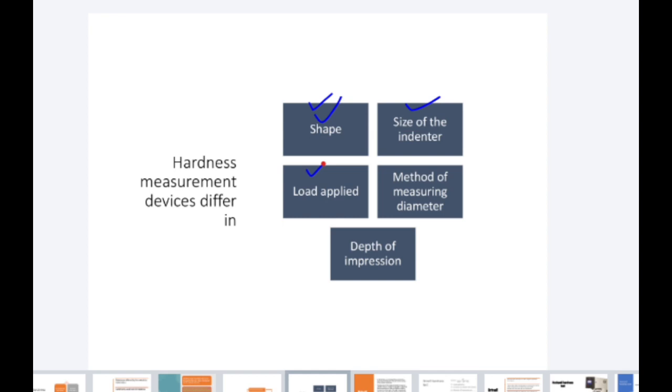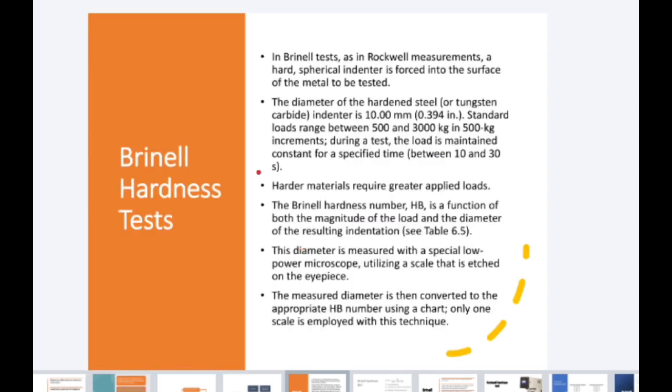So whenever somebody tells you this is the hardness value of the material, the force will be written. If the force is not written, you cannot say this is accurate data. Right? Wherever you have a question, ask me, guys.